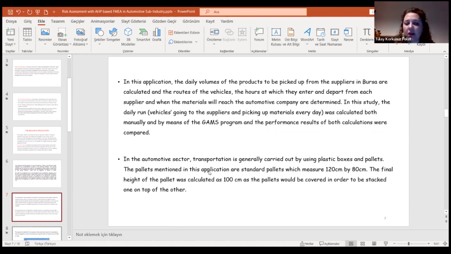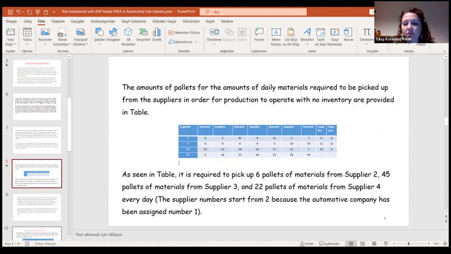The final height of the pallet was calculated as 100 centimeters, as the pallets will be covered in order to be stocked one on top of the other. The amounts of pallets for the amounts of daily materials required to be picked up from the suppliers in order for production to operate with no inventory are provided in the table.